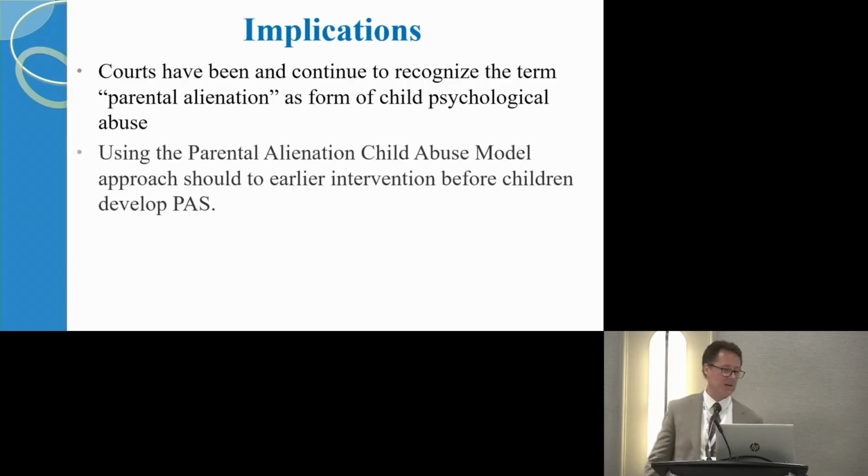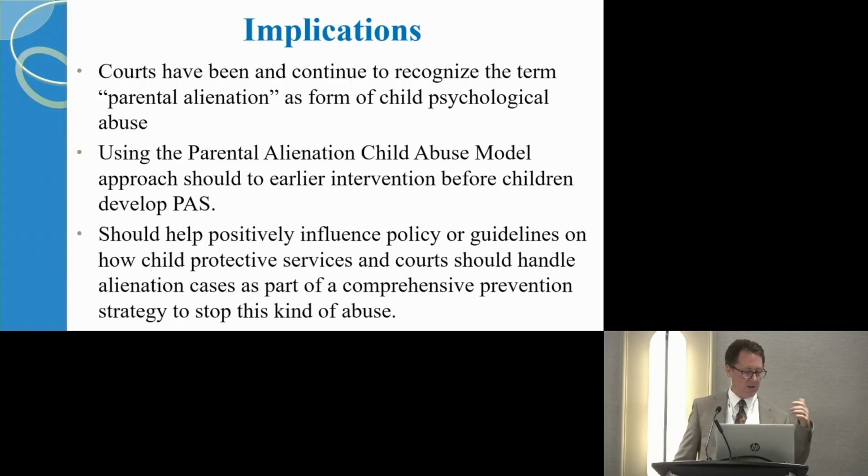That's what that means. Using the parental alienation child abuse model approach should lead to earlier intervention before the children develop PAS, and it should help positively influence policy and guidelines on how Child Protective Services and courts should handle alienation cases as part of a comprehensive preventive strategy to help stop this kind of abuse.